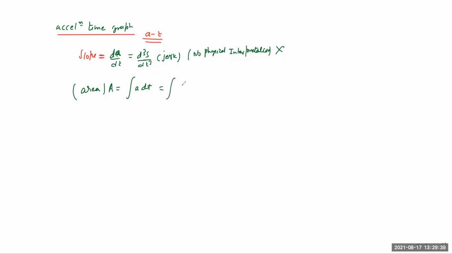Now we know that A is defined as dv by dt. So A dt becomes dv into dt by dt, which is 1. So A dt is as good as dv, and what is the integration of dv? It's not V, it's the change in velocity, V minus U.